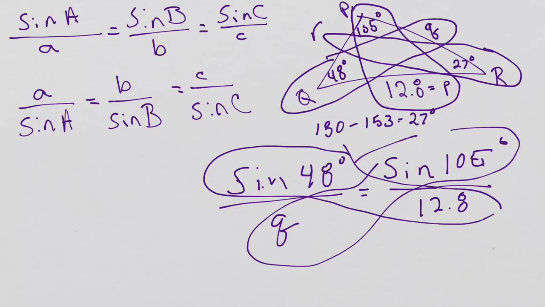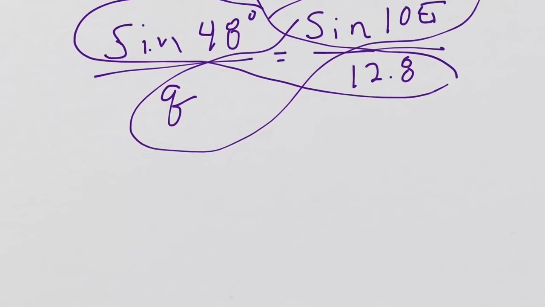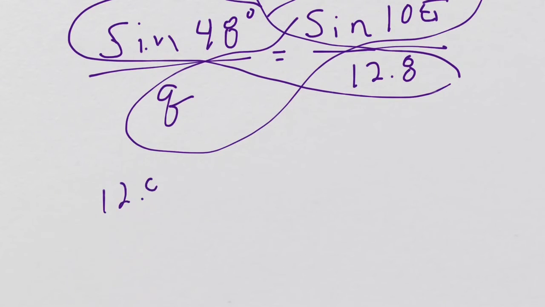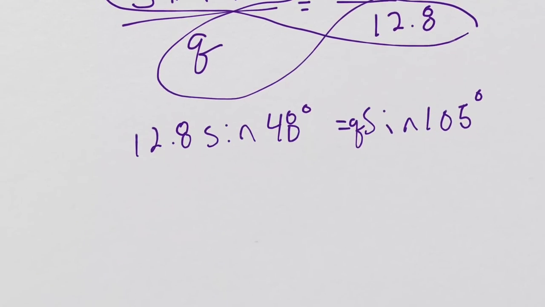When we cross multiply, we end up getting 12.8 sine of 48 degrees equals sine of 105 degrees times Q. Now we're solving for Q, so from here we need to divide both sides by sine of 105 degrees.